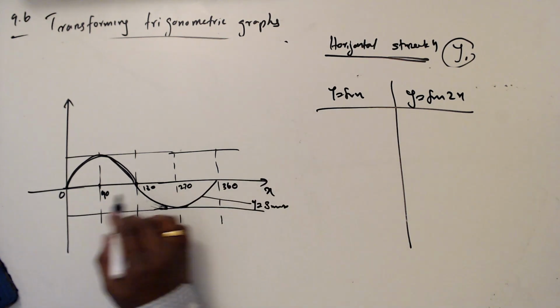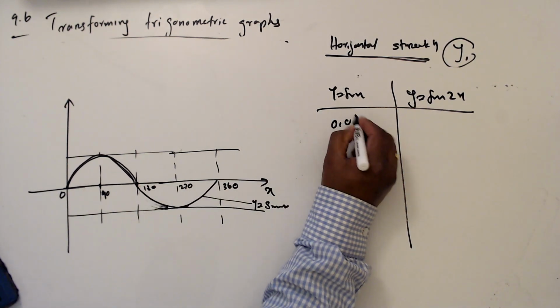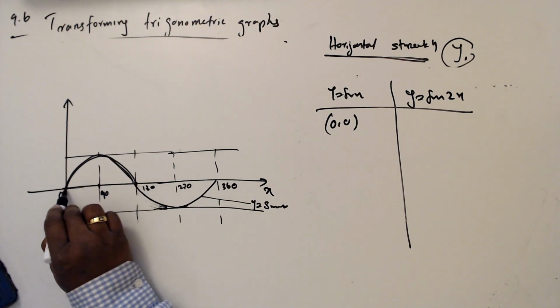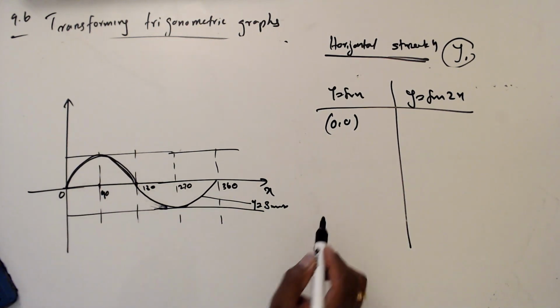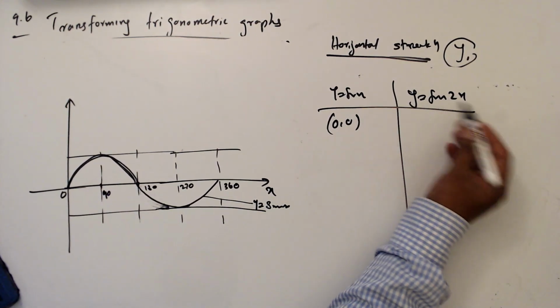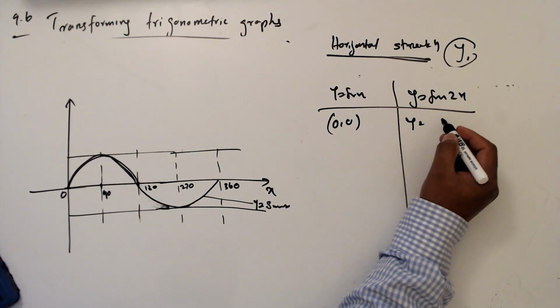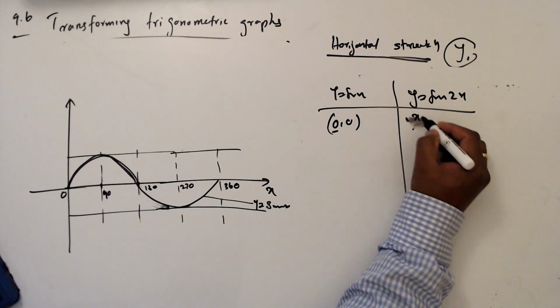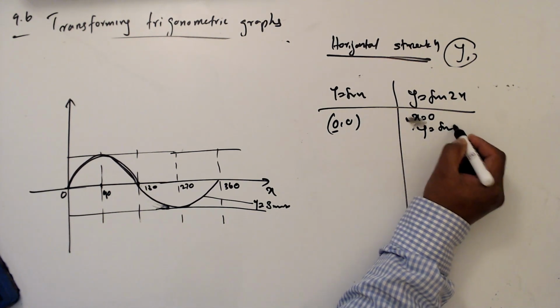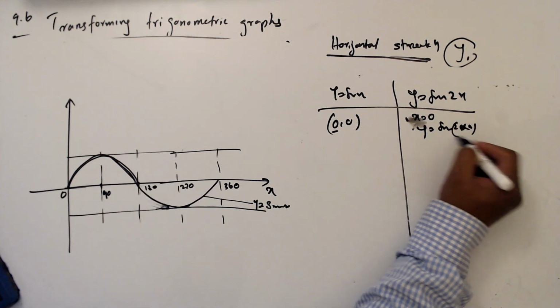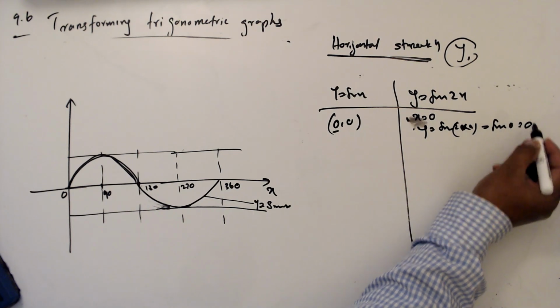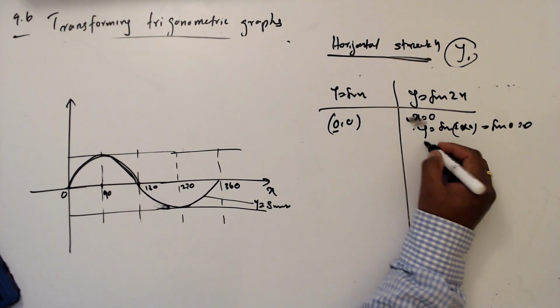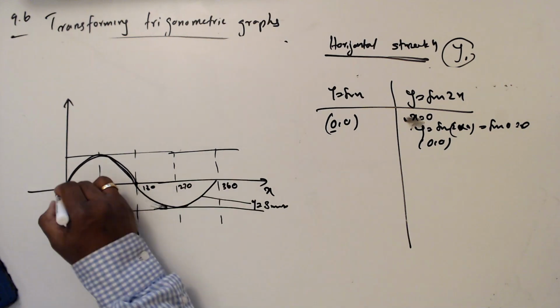I'll consider one point, 0, 0. I know this only affects the x value, not the y value. But okay, we'll find it. When x equals 0, y equals sine 2 times 0, which is sine 0. Sine 0 is 0. It means the 0, 0 point stays as it is.